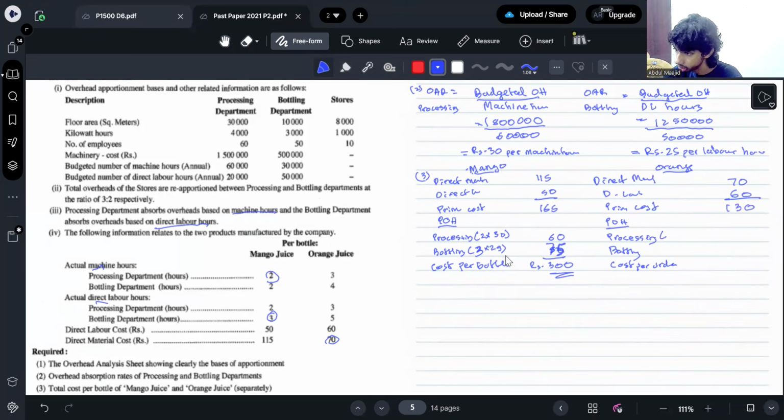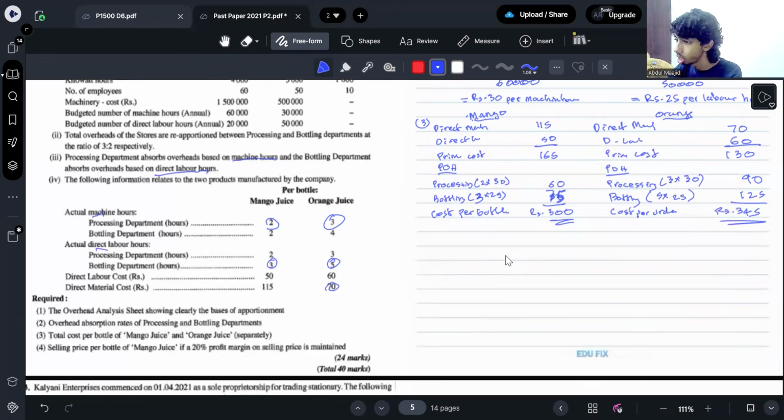Processing department is using machine hours, that's 3 hours into per hour 30. Bottling department is using labor hours, that is 5 hours into 25 per bottle. So 3 into 30 is 90, 5 into 25 is 125. So then 130 plus 90 plus 125, that is rupees 345 per bottle. So third requirement is also done.